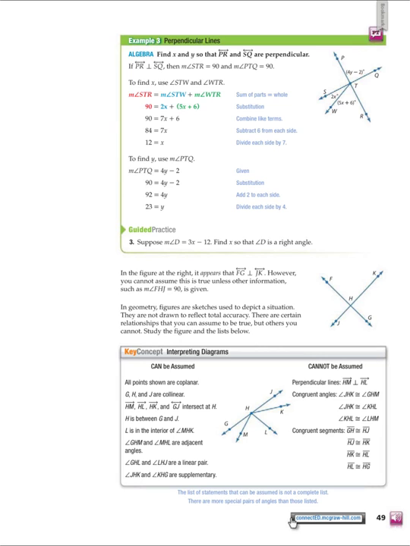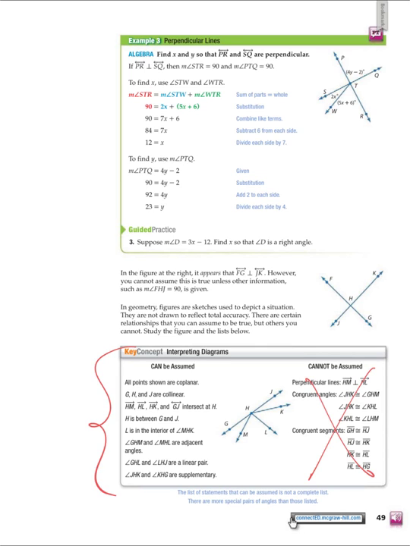This chart is one that I want you to read and spend some time with, because I want you to be able to look at a drawing when we get to school and say, hey, we can't assume that. We can't assume certain things are true. We can assume some things, but there are some things that we can't assume are true.